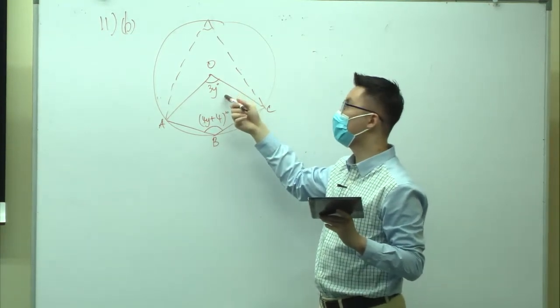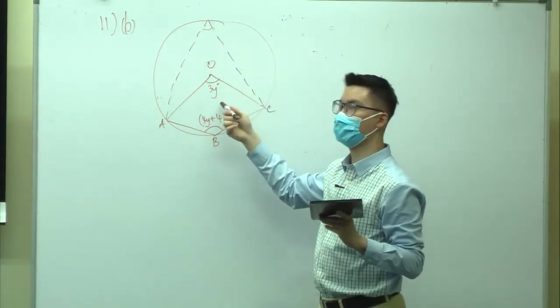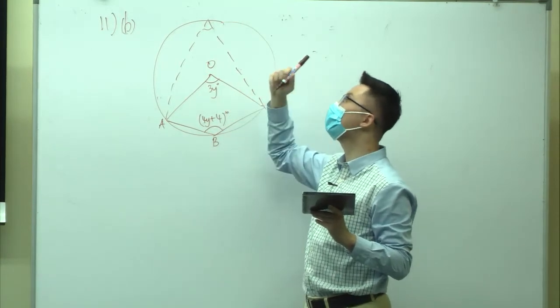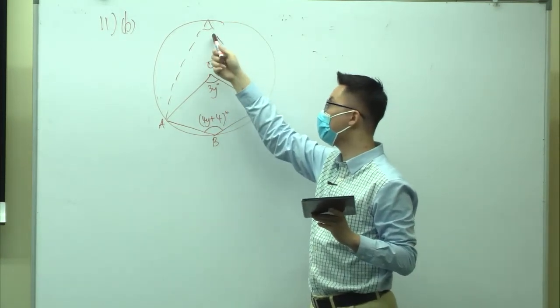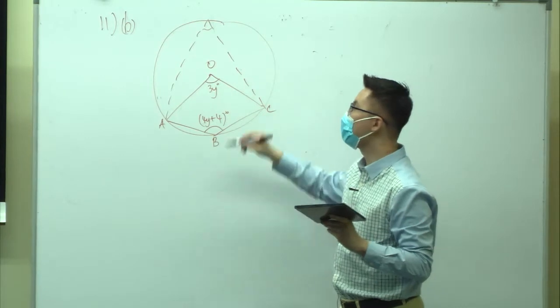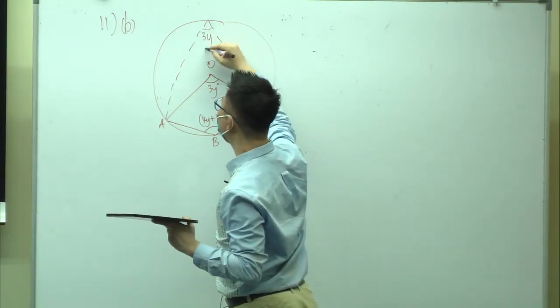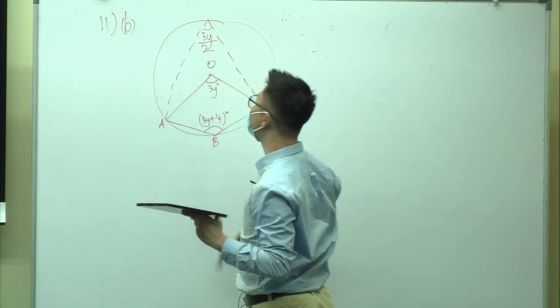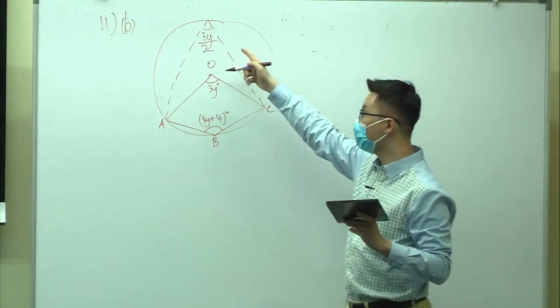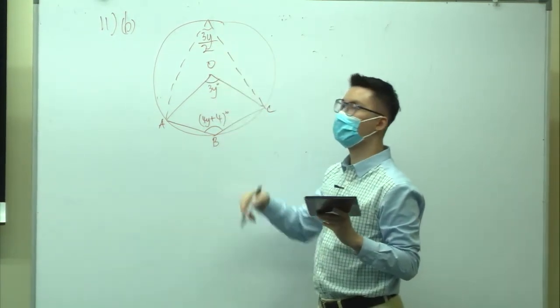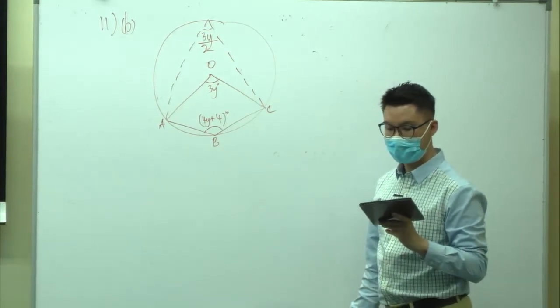In fact, it is half of this angle, because the angle at the center is twice the angle at the circumference. So half of this angle will be 3y over 2. Now you got this.